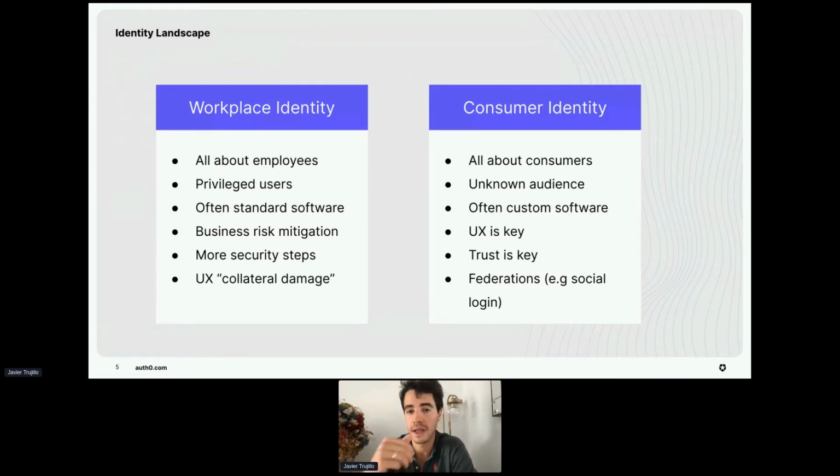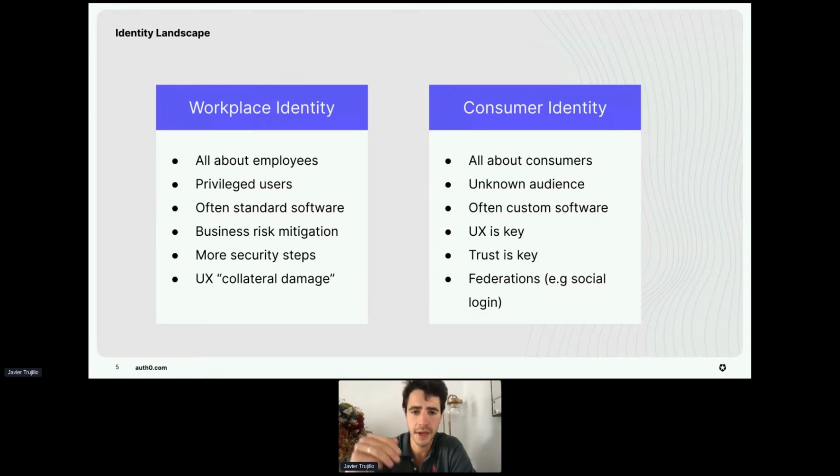Here, the user experience is key. Otherwise, the user will just move on to the next best competitor. And also, trust is key. Like, trust is always key in all senses. But in this case, trust is more opinionated, right? People will ask you, so what do you do with the user's data? Can you, as a service provider, be trusted in terms of security and also data privacy?